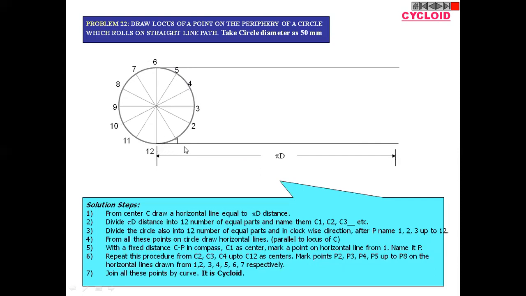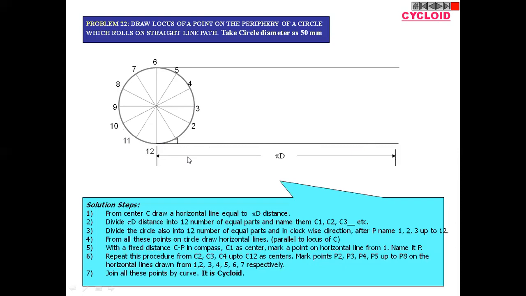Now the length of this directing line is also equal to the circumference, from this point along the circumference and again to the same point. So again you have to divide this directing line into the same number of equal parts.